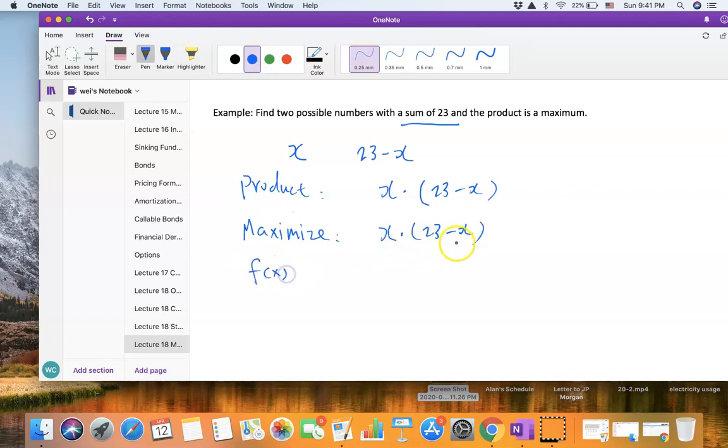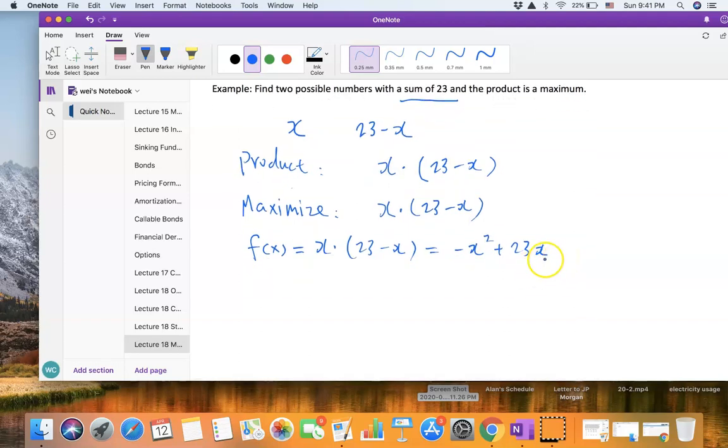So if we write this as a function, we have a function f(x) equals negative x squared plus 23x.